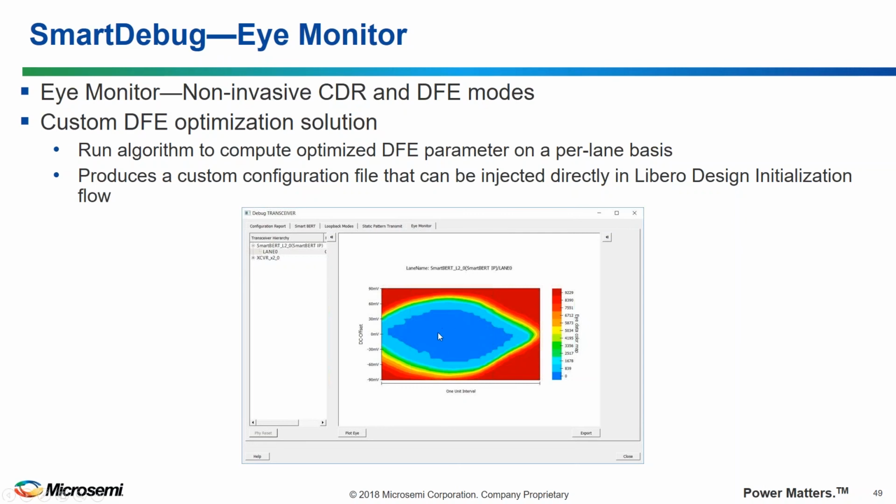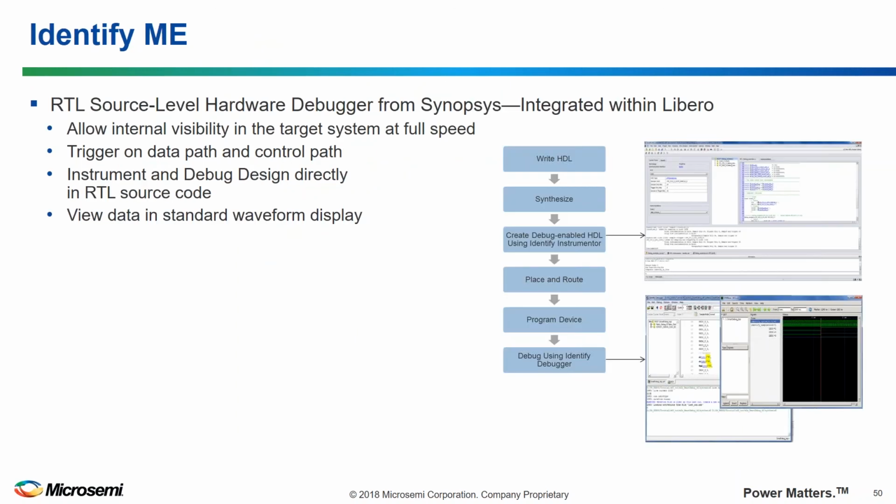And then you can go back and make changes to the signal integrity options and see what the eye diagram looks like before you finalize everything with the transceiver. So those are all of the different tools that are included with SmartDebug.